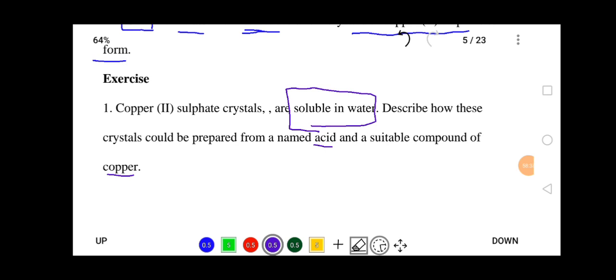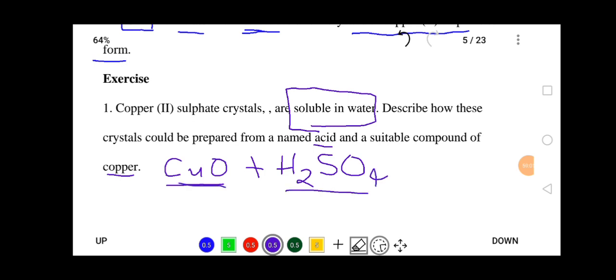So you are going to prepare by reacting copper 2 oxide. This is the basic substance we are going to identify, because we are identifying the possible reagents. And an acid is going to be sulfuric acid. Why am I going to select only the two reagents? I am looking at what I am preparing. I am preparing copper 2 sulfate.